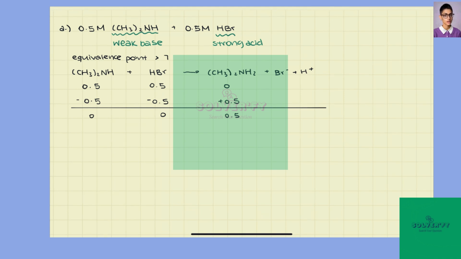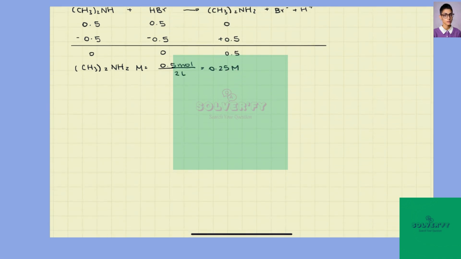Because the base and acid each consist of 1 liter, the sum of the acid and the base will give us 2 liters. So to solve for the molarity, we will have 0.5 moles over 2 liters, which gives us 0.25 molar.